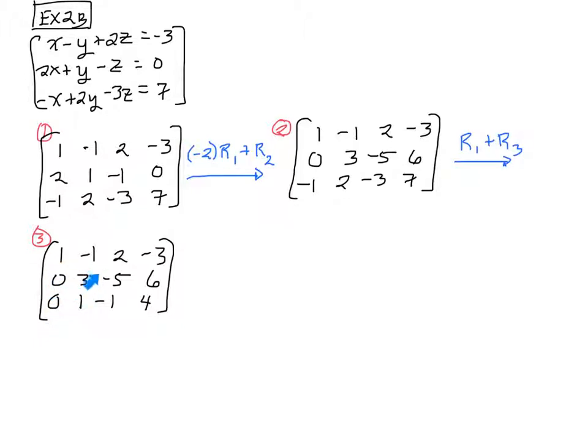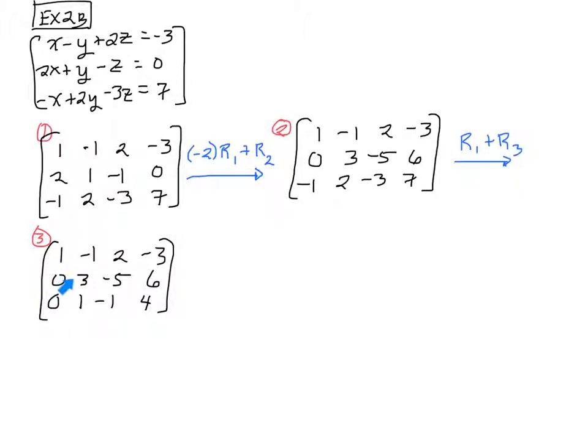My next goal is to get this 3 right here to become a 1 so I can get it in that row echelon form. So I could get this row multiplied so that this number here is a negative 2, which added to the 3 gives you a 1. But the problem is, if I multiply this by a 2 to get a negative 2, I'd have to multiply that by a 2. Added to the 0 gives me a 2.